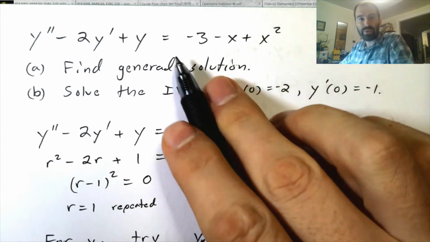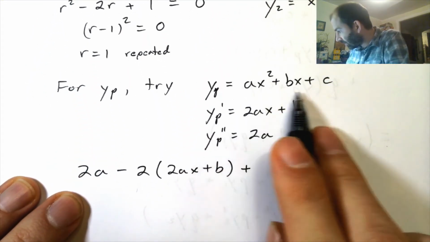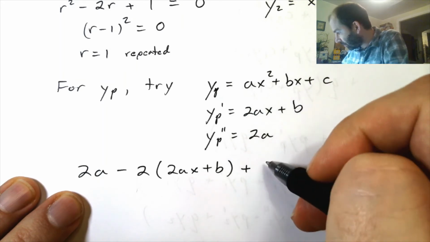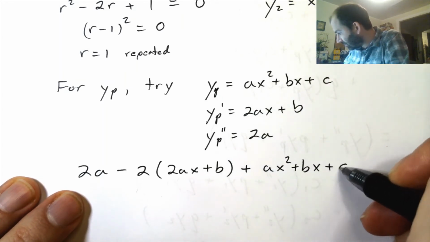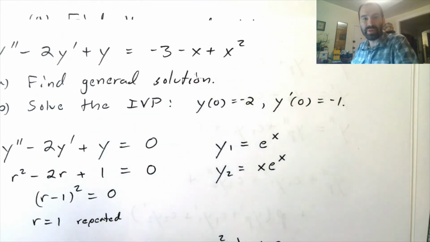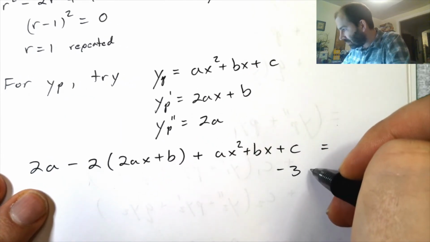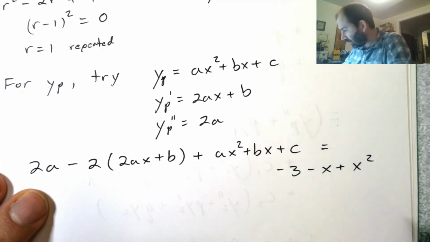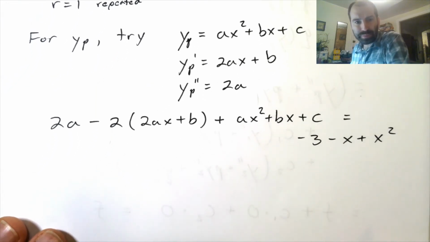And then I have plus y, well, it's going to be plus yp, so I'm going to put that stuff in. And I need that to end up equaling this stuff, negative 3 minus x plus x squared. Okay? Let's see if we can get this to work.